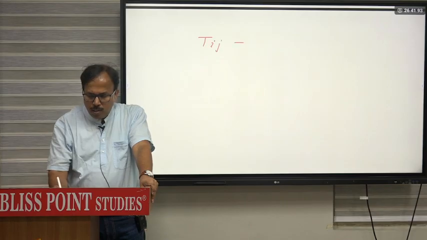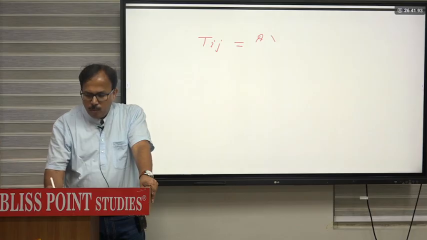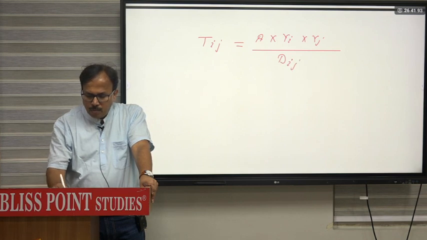Write down this equation. Trade value between country i and country j equals A, a constant, times Yi Yj upon the distance between country i and j.